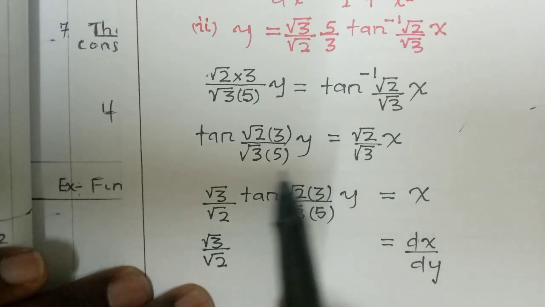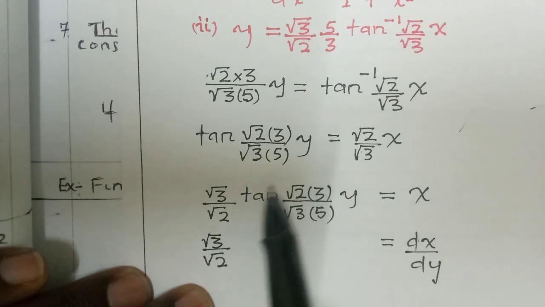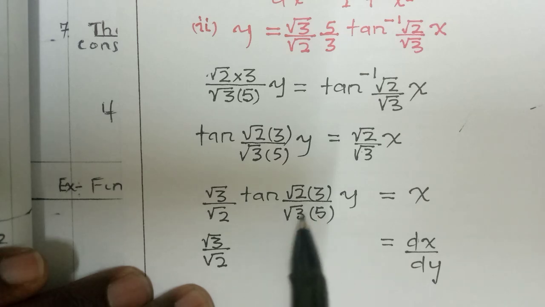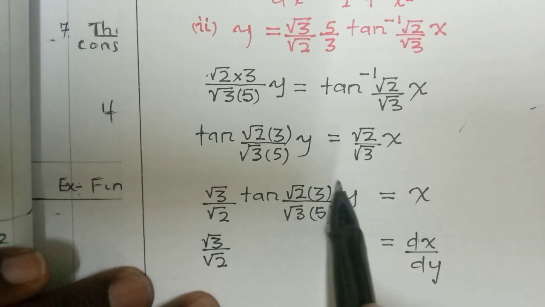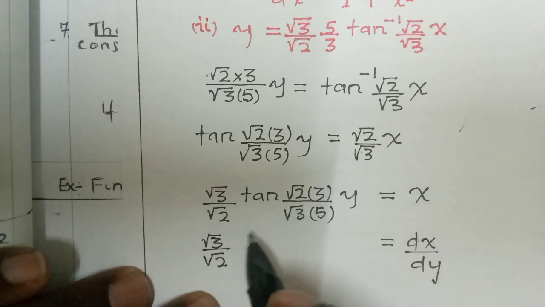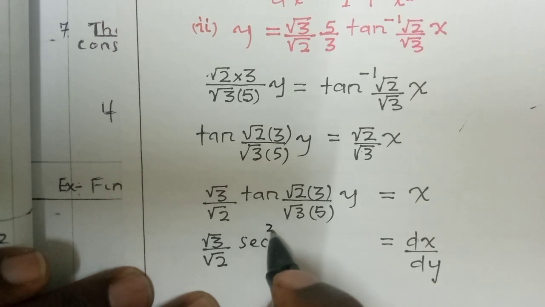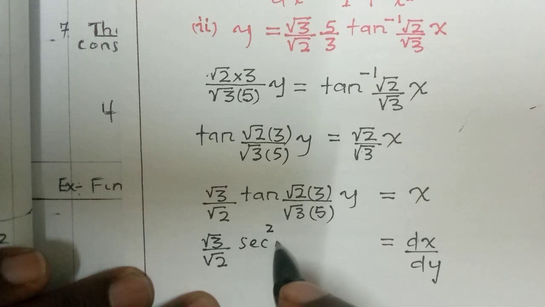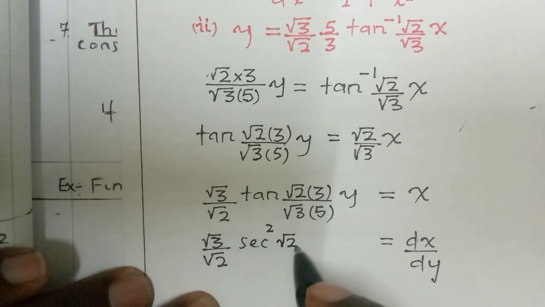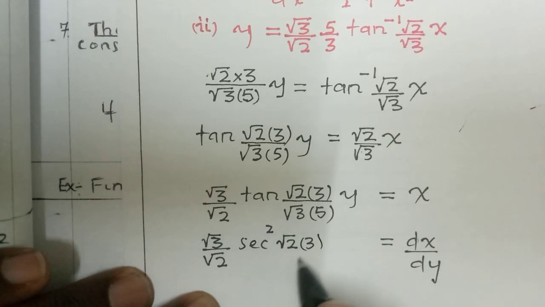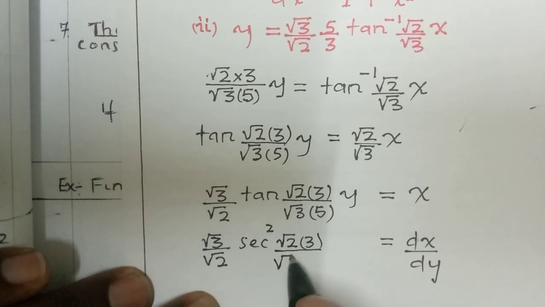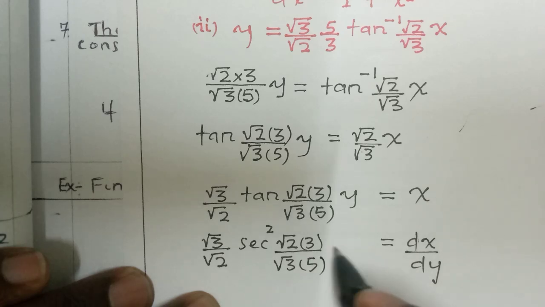We now come and differentiate this one. We can use the chain rule, we can use also the differentiation of tan. So the first thing you differentiate is tan of the whole of that, according to the chain rule. So this one is going to be sec squared of the whole of that figure, square root of 2 3 over square root of 3, then 5, like that, and y.